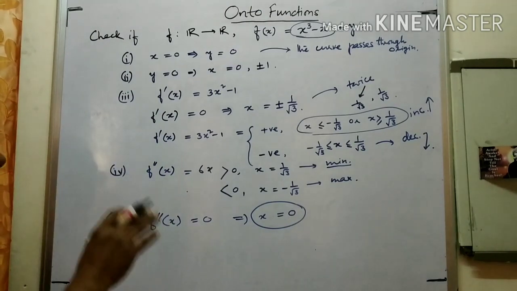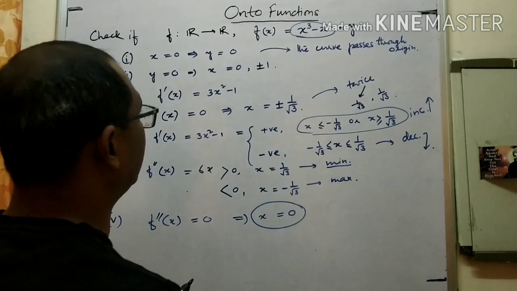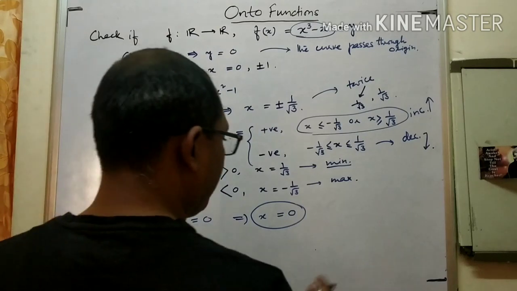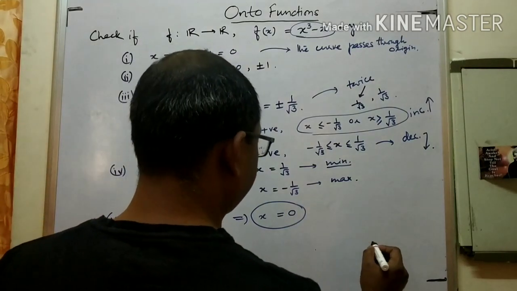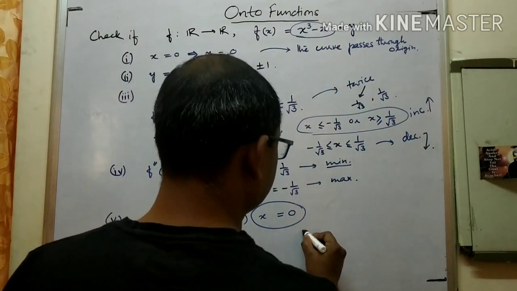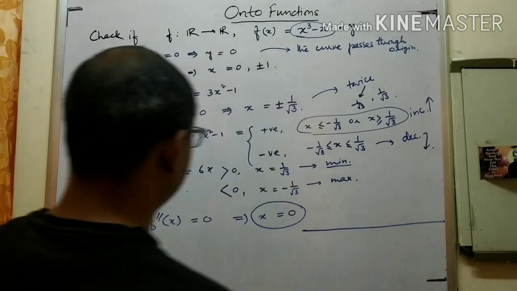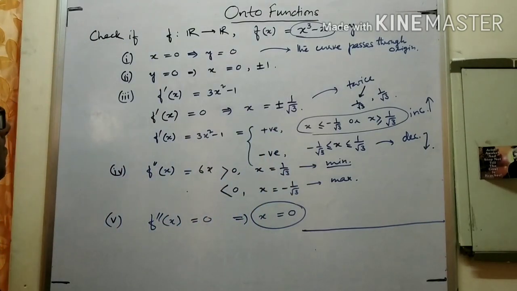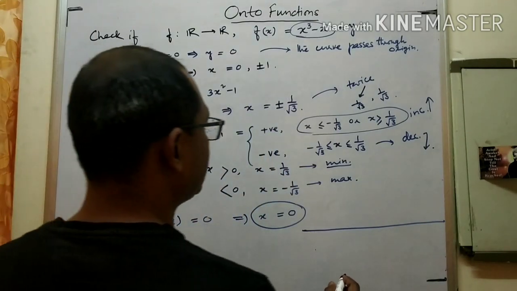So we'll club all this to draw the graph. Running out of space.